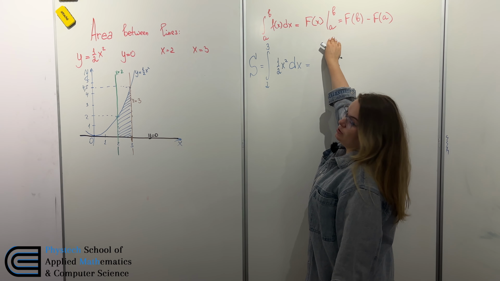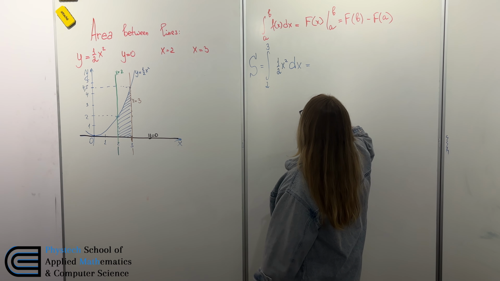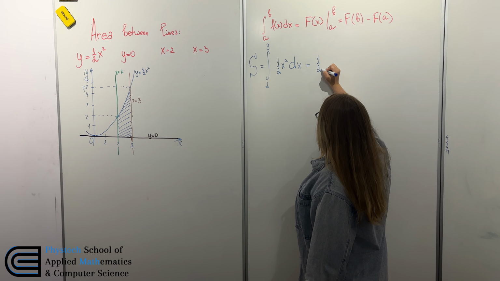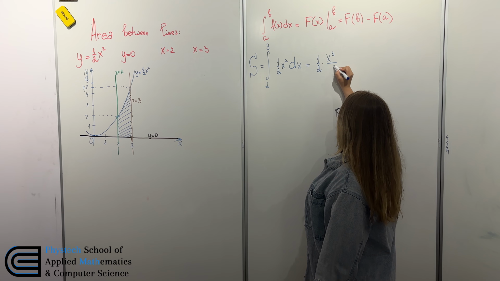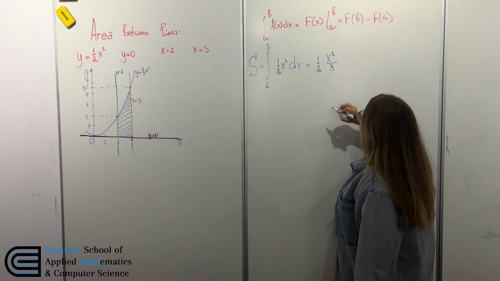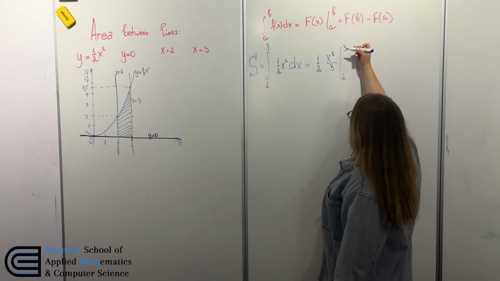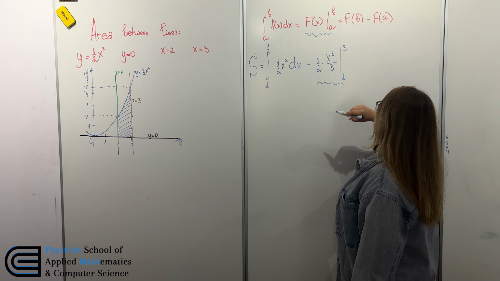And now we should use this formula and calculate our definite integral. Let's see. First of all, it will be equal 1 divided by 2, x to the power of 3 divided by 3, from 2 to 3. Now we use the formula.